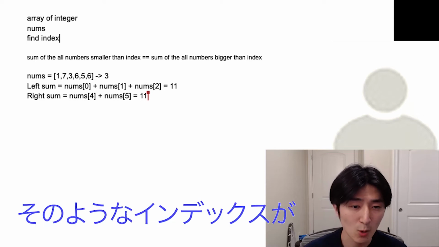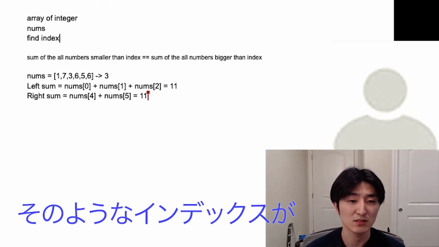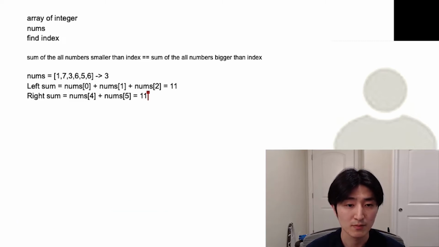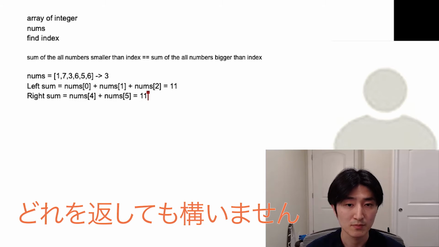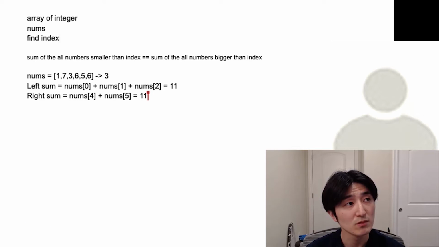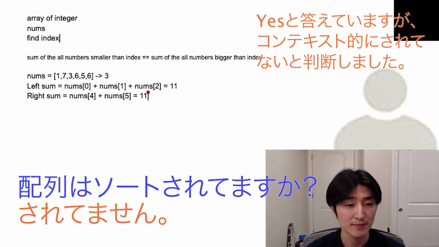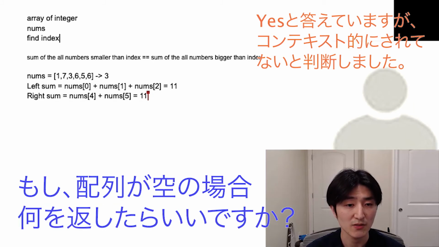What if there are multiple such indices? You can return one of them. And they are not sorted, right? Yes. And if it is empty, what should I return?